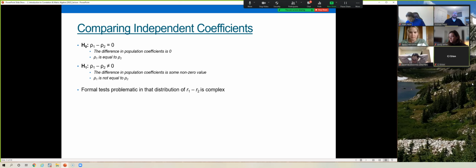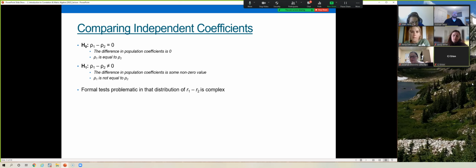The null hypothesis would be that yes, the association of X and Y is the same. The alternative being no, if I take the correlation in population 1, subtract it from population 2, I get some non-zero value, suggesting that there is some difference in these population coefficients, or that the coefficient in population 1 is different than the coefficient in population 2.